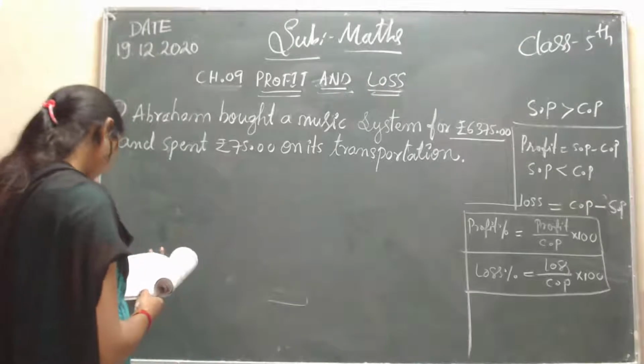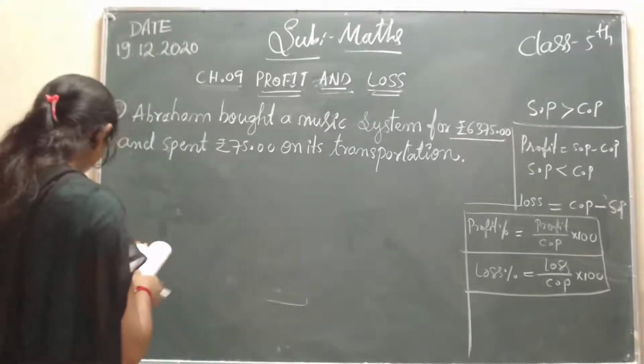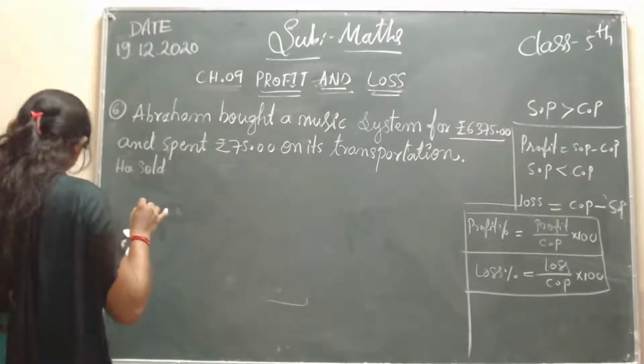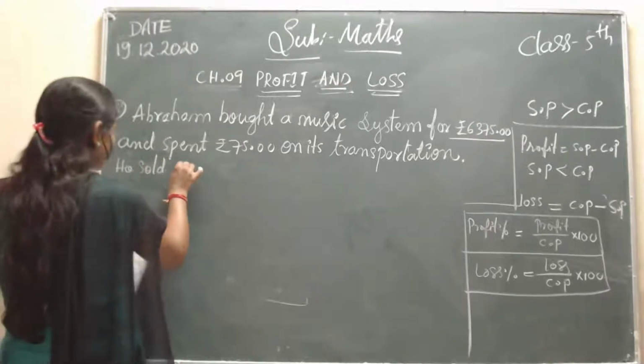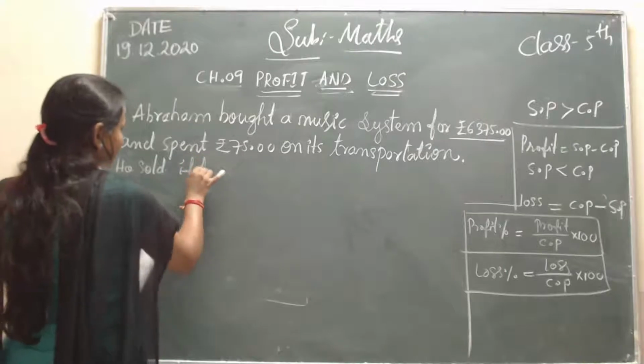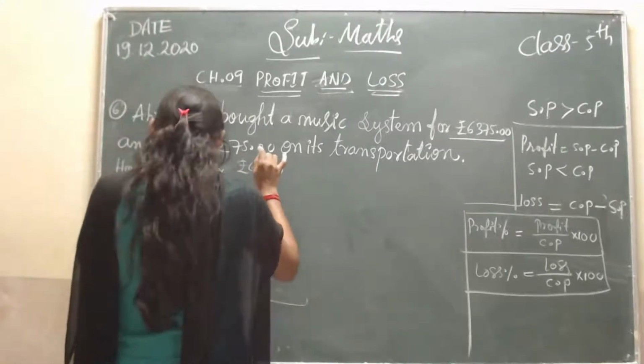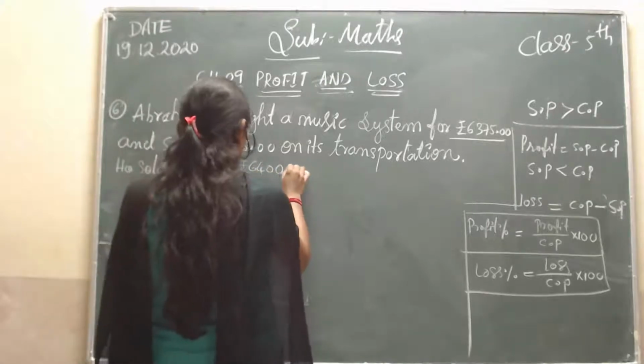Next question. Can you see the next sentence? He sold it for 6,400.